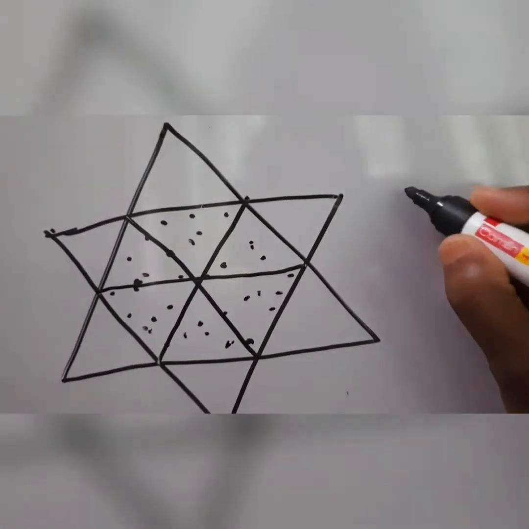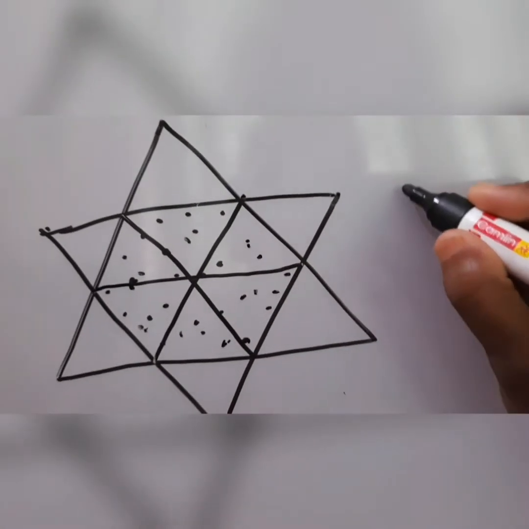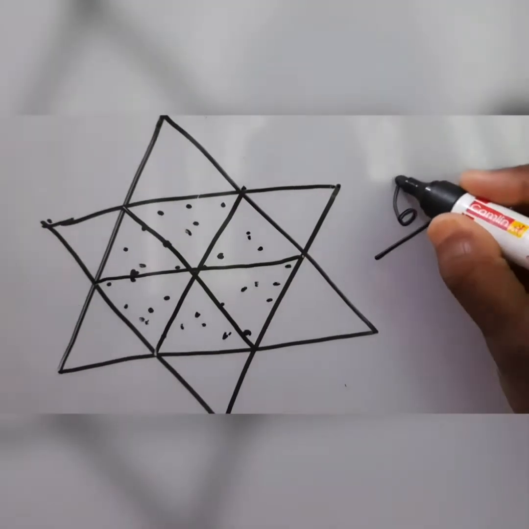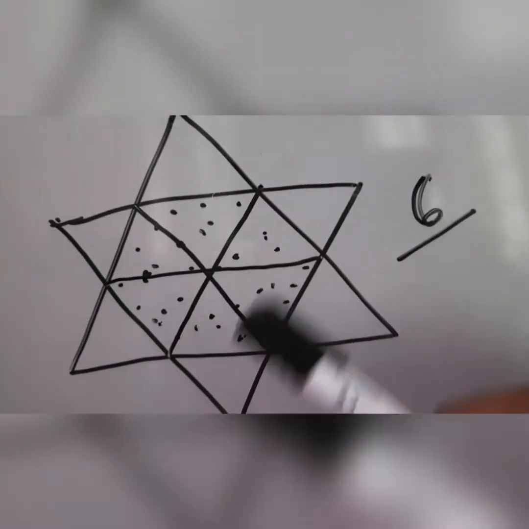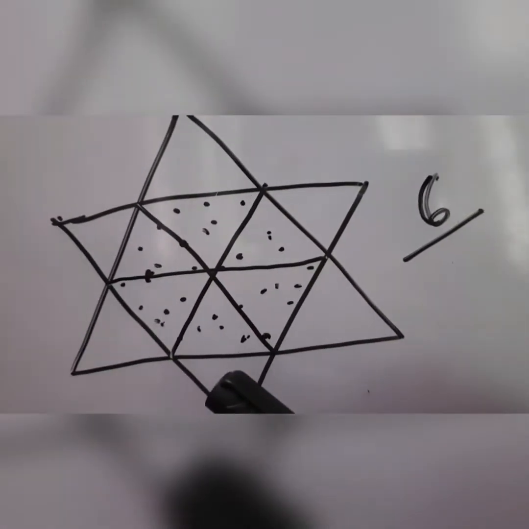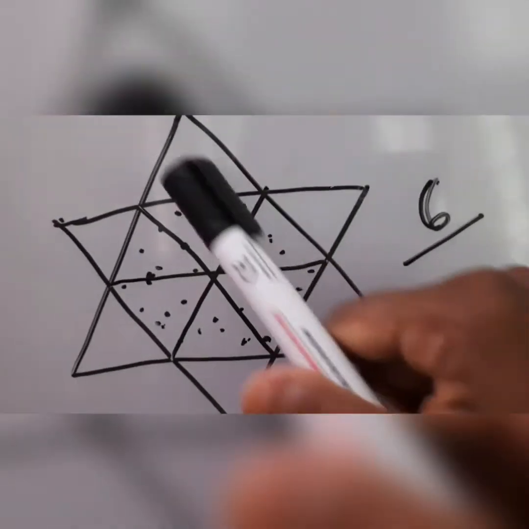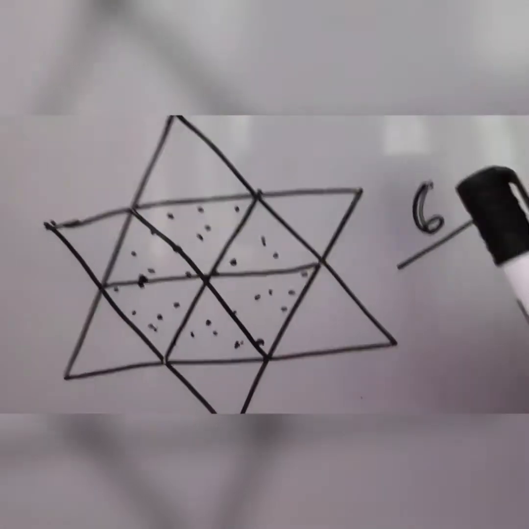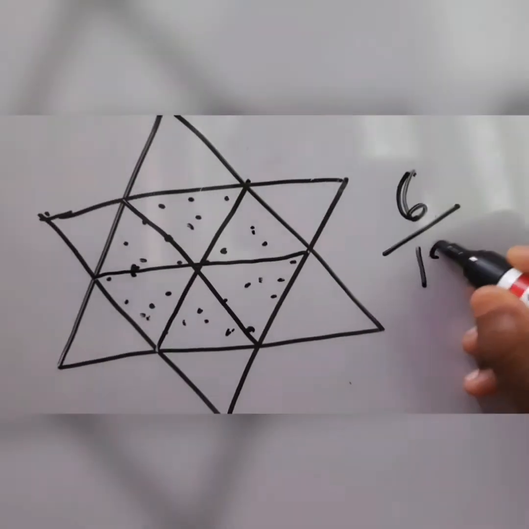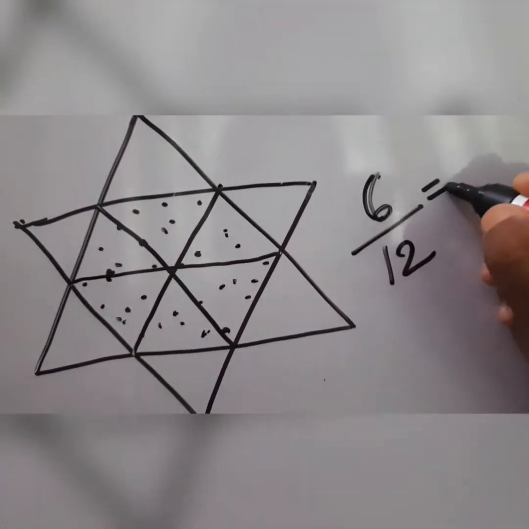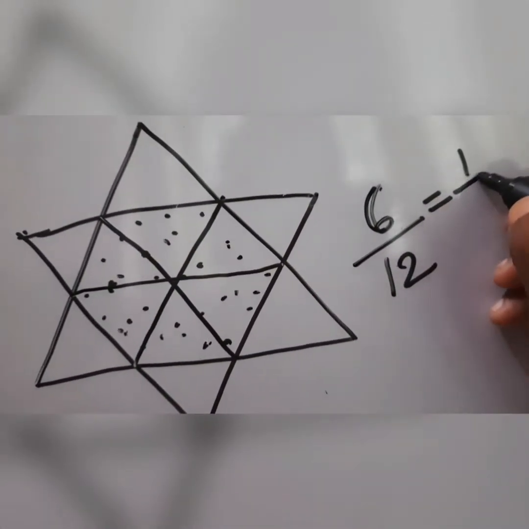What is the fraction of this shaded part? 6 upon total pieces. Total equal parts 1, 2, 3, 4, 5, 6, 6 plus 6, 12. So the fraction will come 6 upon 12, that is 1 by 2.